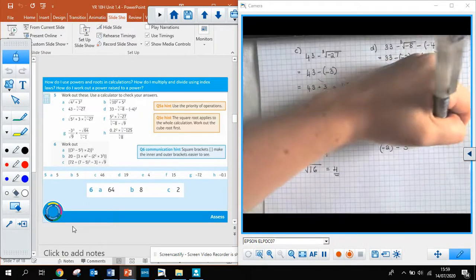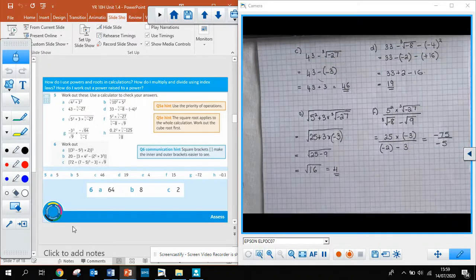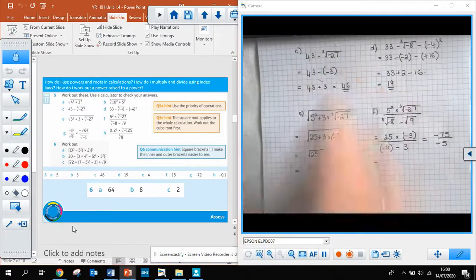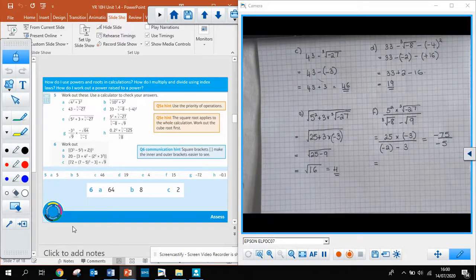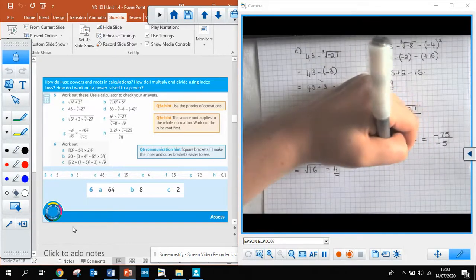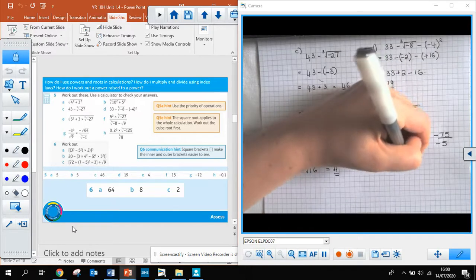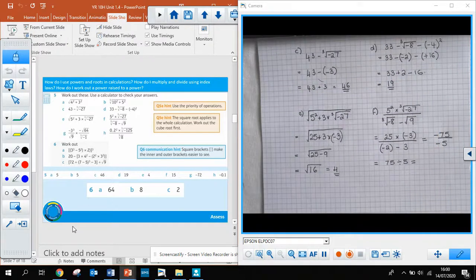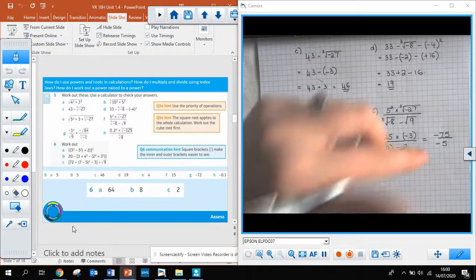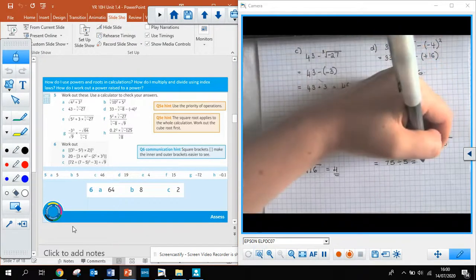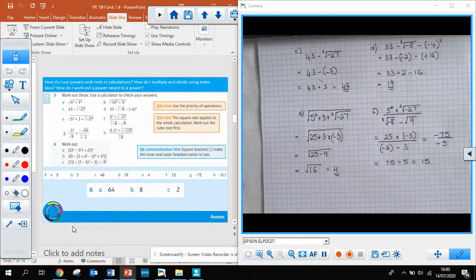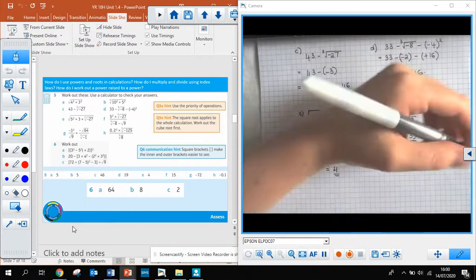That's going to give me negative 5. So I have negative 75 divided by negative 5. A negative divided by a negative gives me a positive. So essentially what I'm doing here instead is 75 divided by 5, which is 15. Okay, and that's your final answer there.